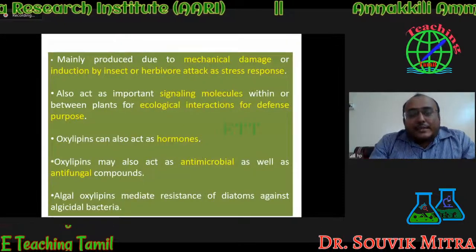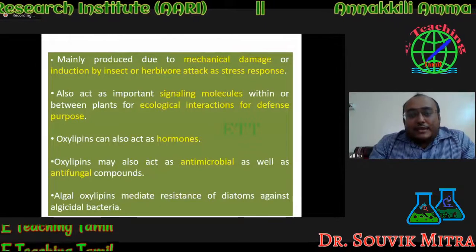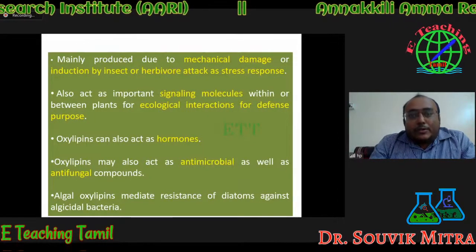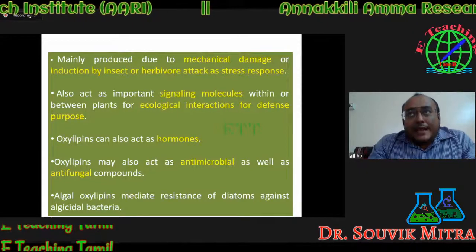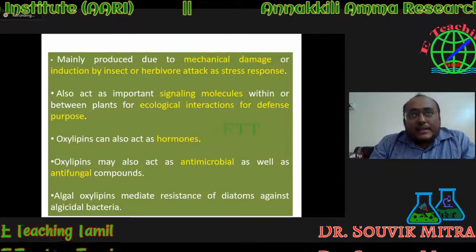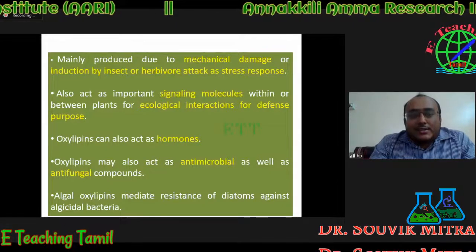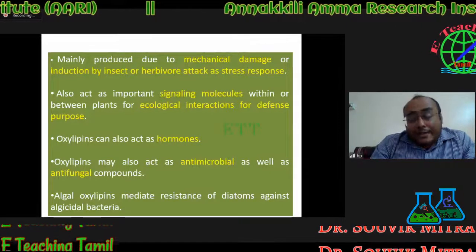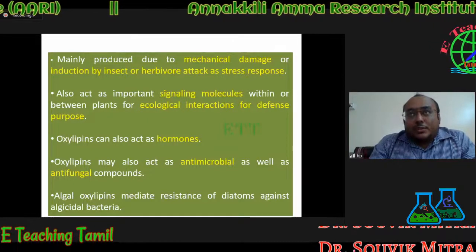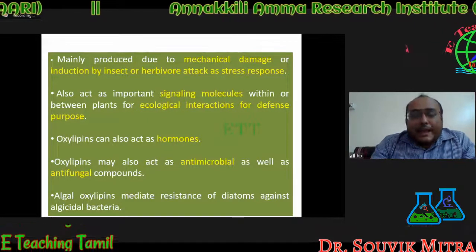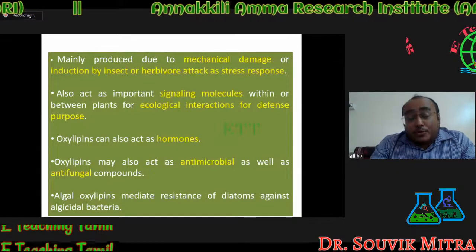Now, first of all, what is the significance of these compounds? They are basically stress responsive products. Due to any kind of abiotic stress like mechanical damage, or biotic stress like insect or herbivore attack, stress responses are produced, and oxylipins act as these stress responsive products.